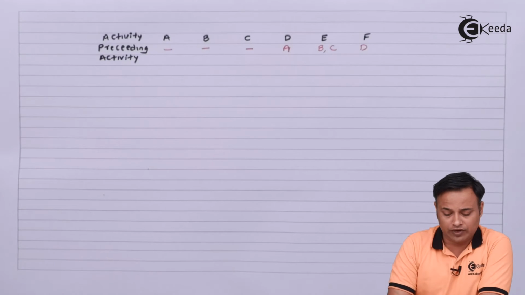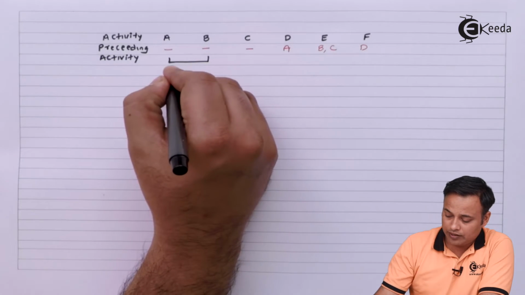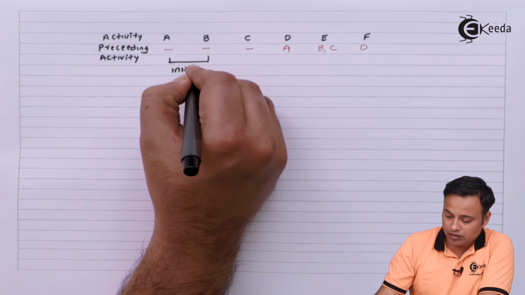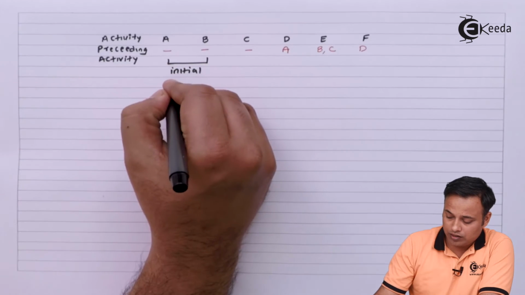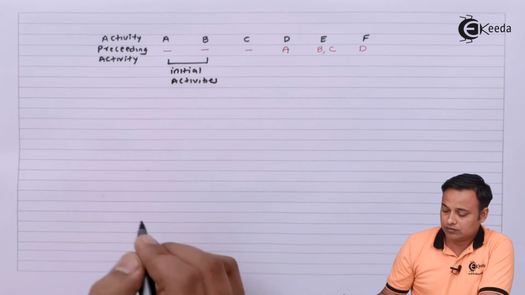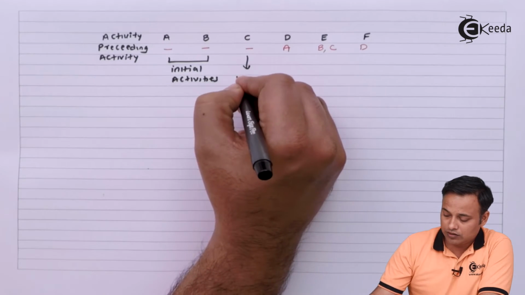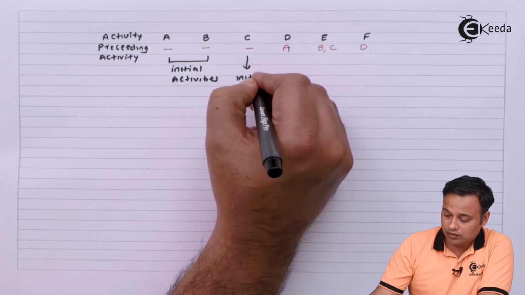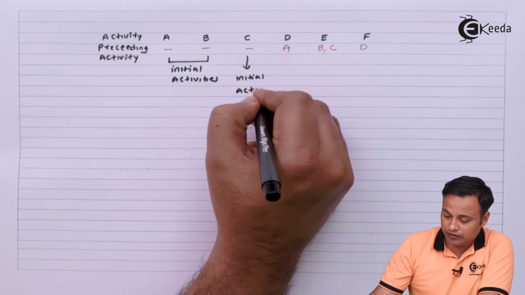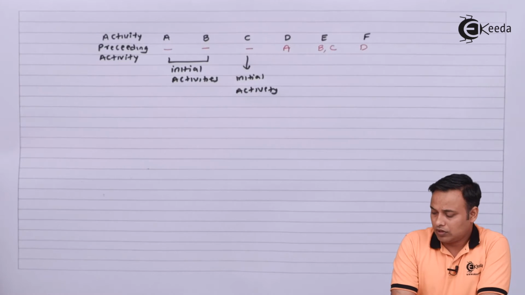If you look carefully at the question, A and B are my initial activities, and even C is the initial activity. Now I can start with all the three, A, B and C, at the same time.